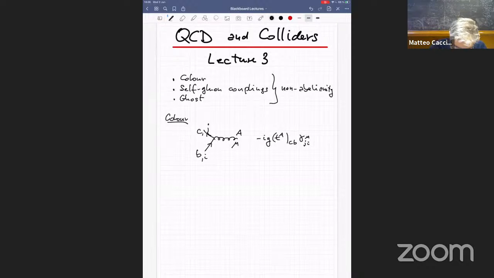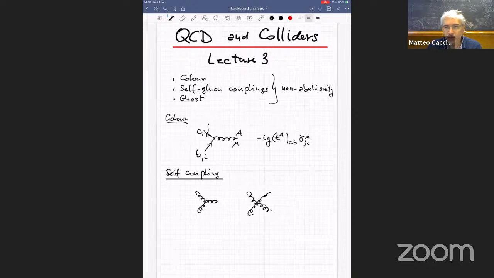The self-coupling is essentially not much more than what I said yesterday. If you write down the Lagrangian, you find out that you have these kind of interactions. Once again, self-interaction of the bosons is a characteristic of non-abelian gauge theories, and that's the same reason why the W and the Z in the electroweak theory also interact among themselves.